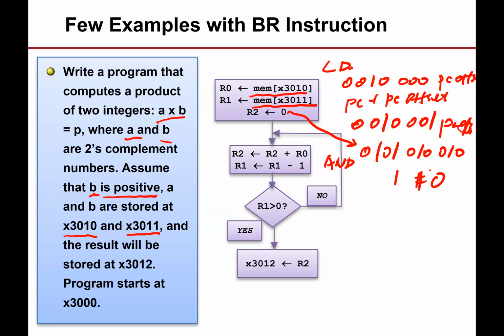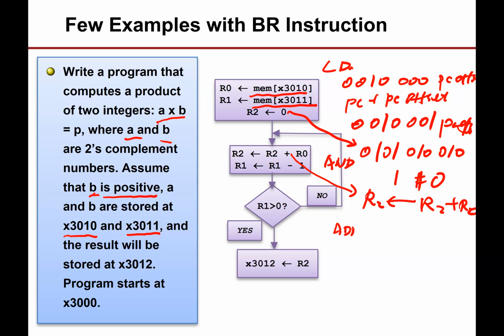So this second block here is R2. This is to do the add operation. The result is stored into R2, and the two source registers are R2 and R0, right?